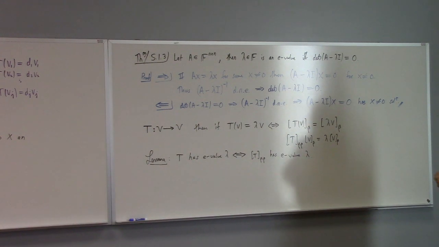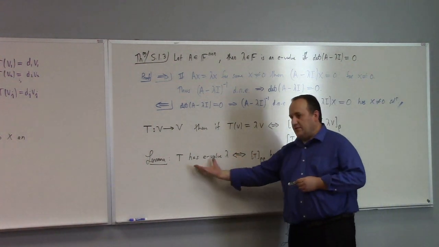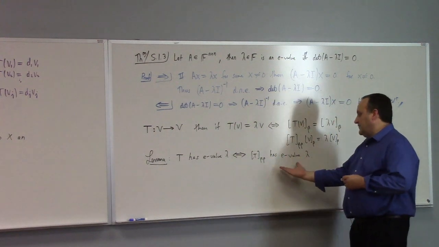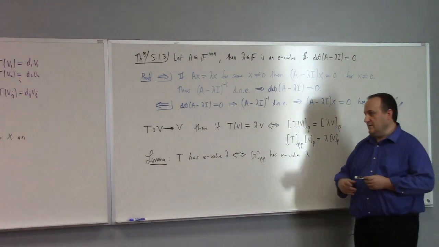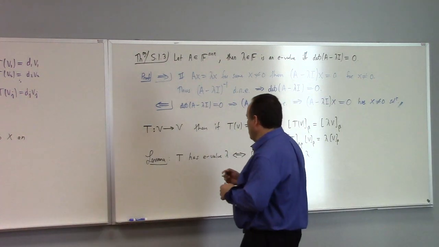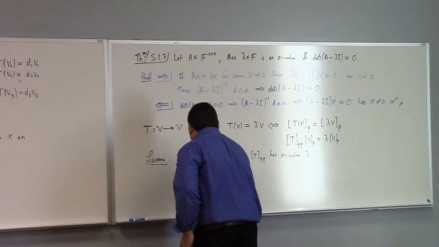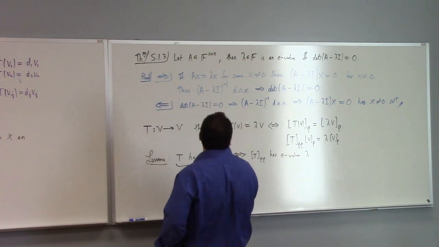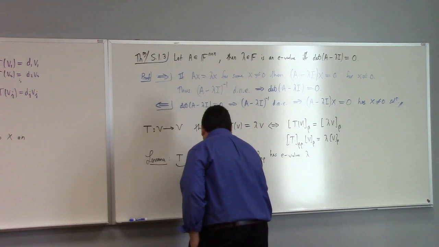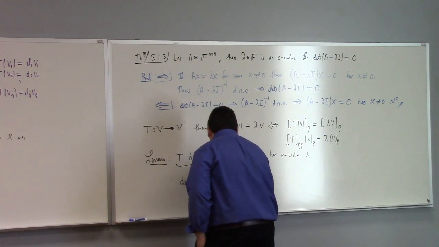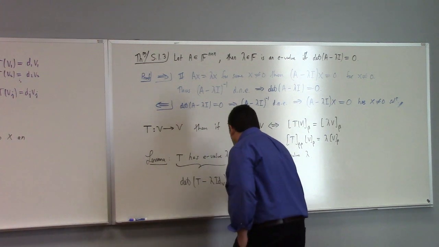So, in fact, we can look for eigenvalues for the linear transformation, or we can look for eigenvalues for the matrix of the linear transformation. These are part and parcel of the same thing, right? So here, we're going to want to look for a determinant of T minus lambda times the identity map on V equals 0.